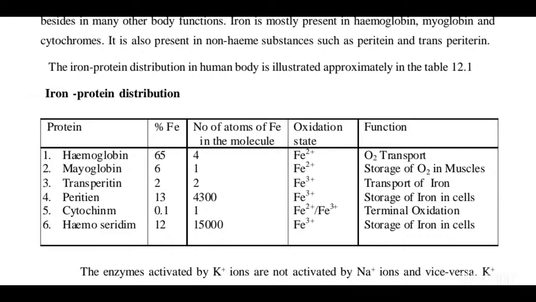Next, cytochrome, with a very small percentage, 0.1 percent. One iron atom is there, and its oxidation state may be ferrous or ferric, and it is involved in terminal oxidation.